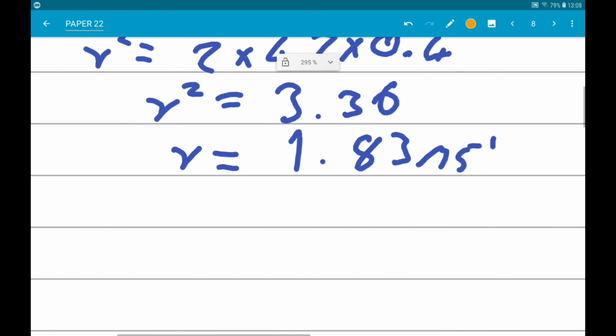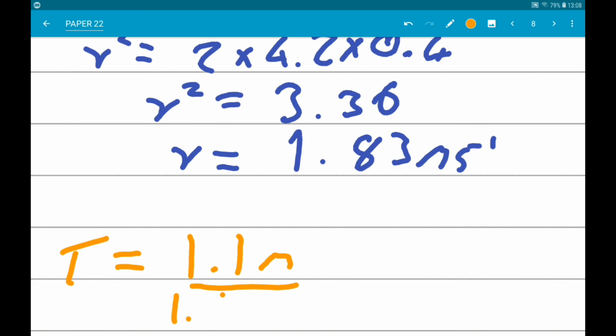So 1.1 divided by 1.83, and that is going to give us 0.6 seconds.